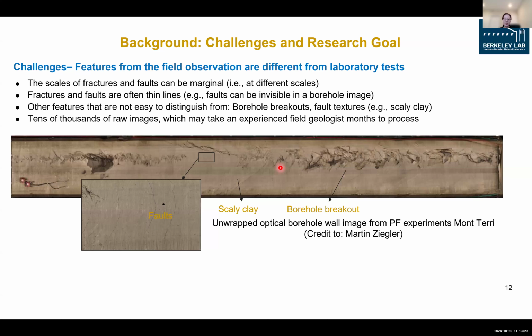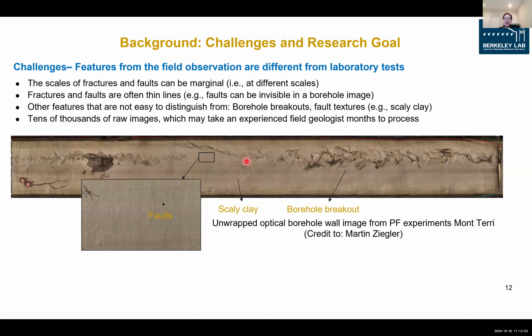The photo was taken by Martin Ziegler. We see that there are many fractures, most of which are almost invisible. And what's more, there is also another layer of structures: clustered borehole breakouts or other textures like scaly clay.